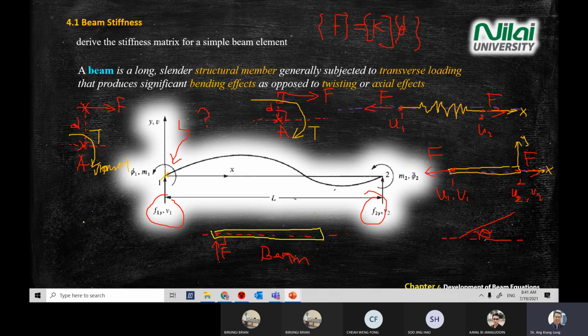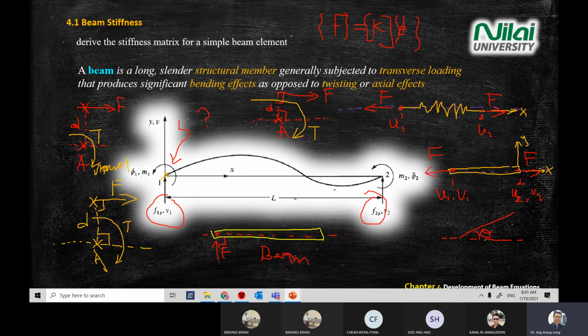Meaning, if this is your reference plane and this is your force, the distance D between the force and A must be 90 degrees to each other, so that with the product of F times D, you can get a torque.